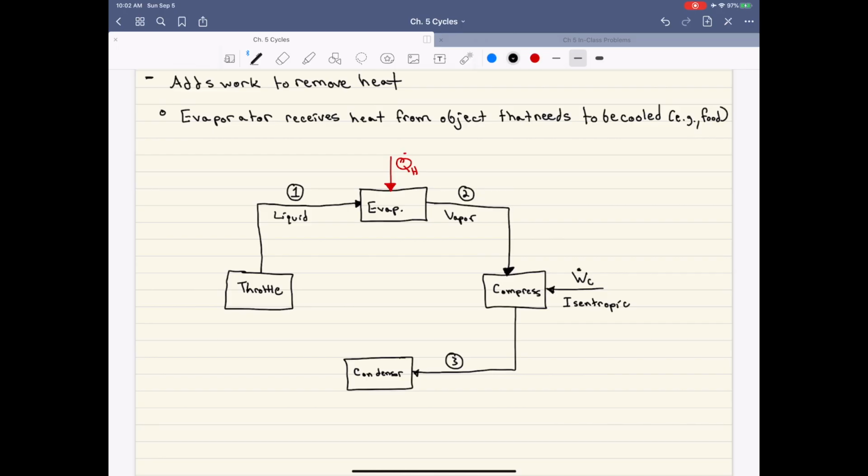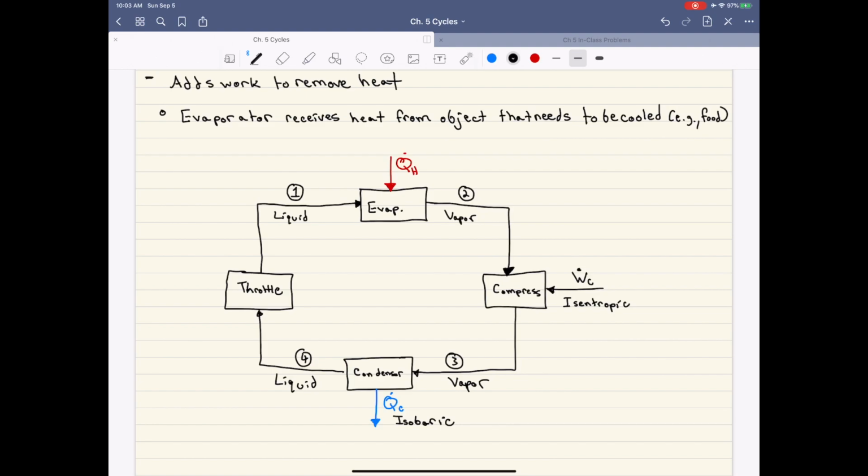All right, so this vapor, after it comes out of the compressor, goes into a condenser, which turns it from a vapor back into a liquid. During this condensation process, heat is removed from the refrigerant, and this is done in an isobaric manner, so the pressure does not change.